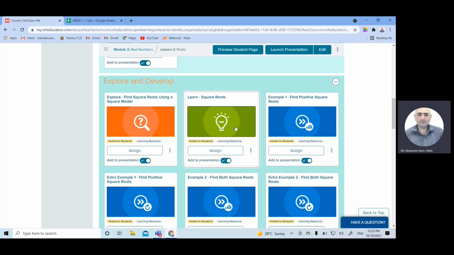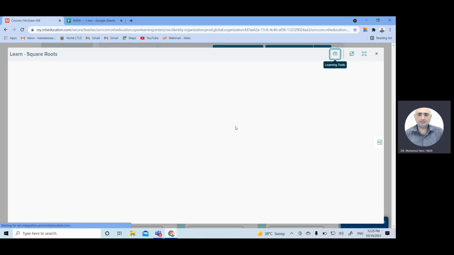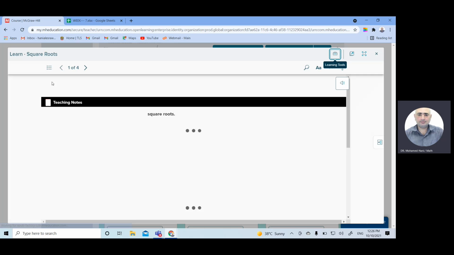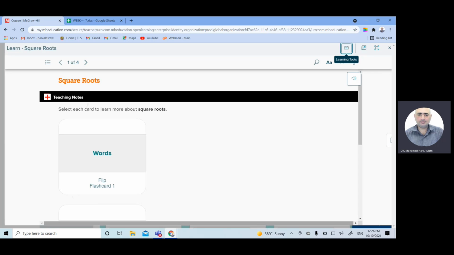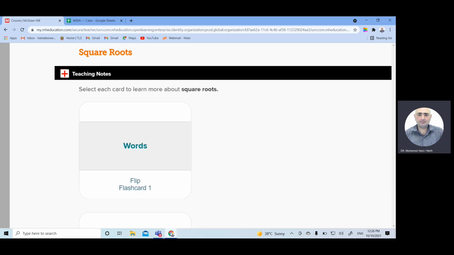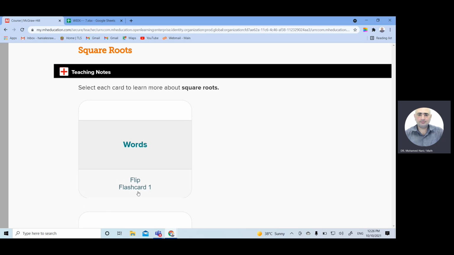So what is the meaning of the square root? Write this title, please. Square roots. A square root of a number is one of its two equal factors.